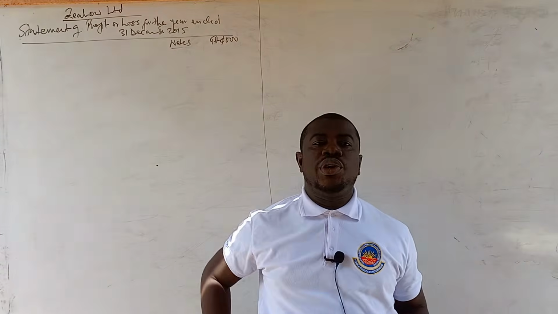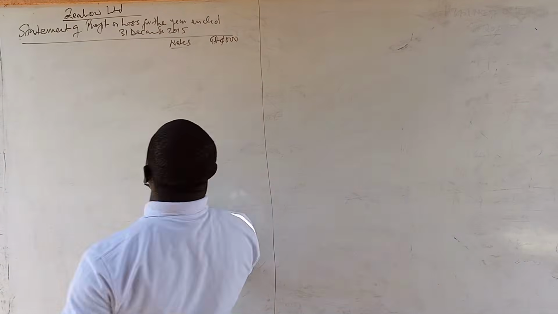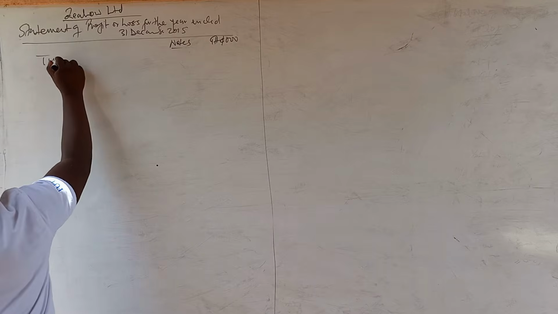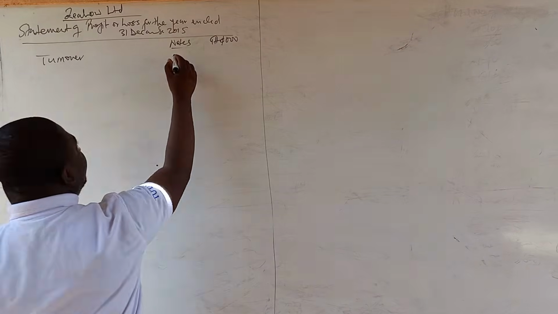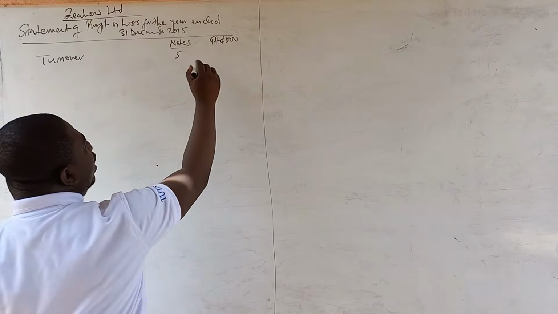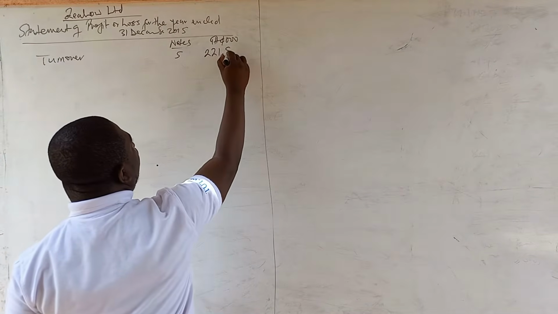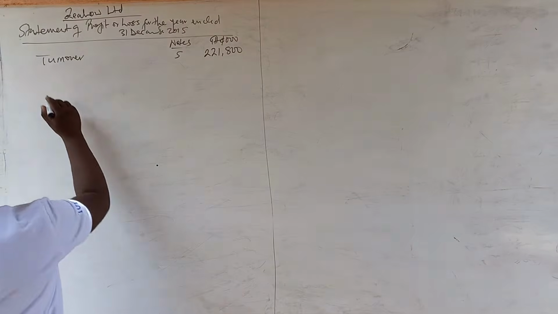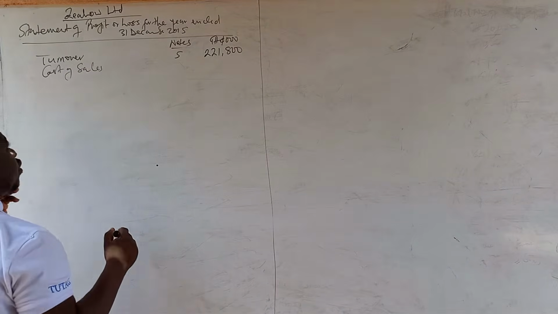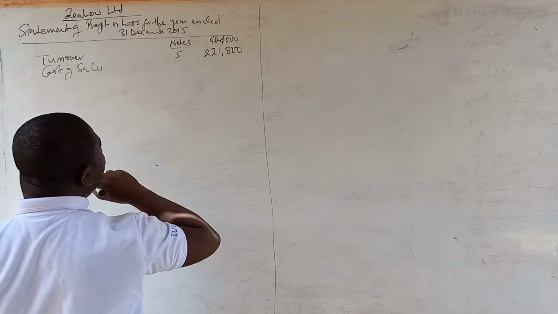So we'll begin with your revenue or your turnover. Turnover or the revenue. We did working on that. So that is from note 5 or working 5. And the figure is 221,800. And then we take out the cost of sales. Cost of sales is from working 2.